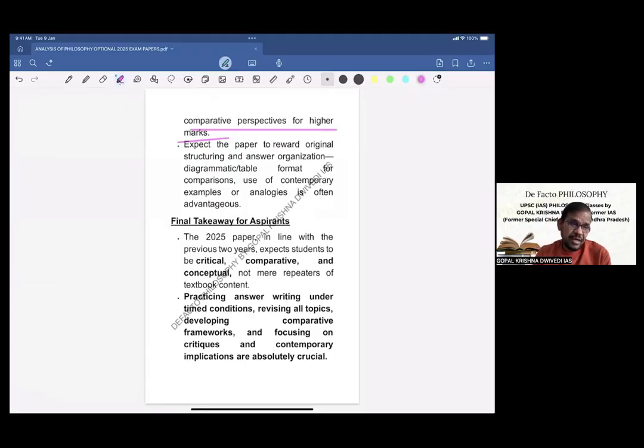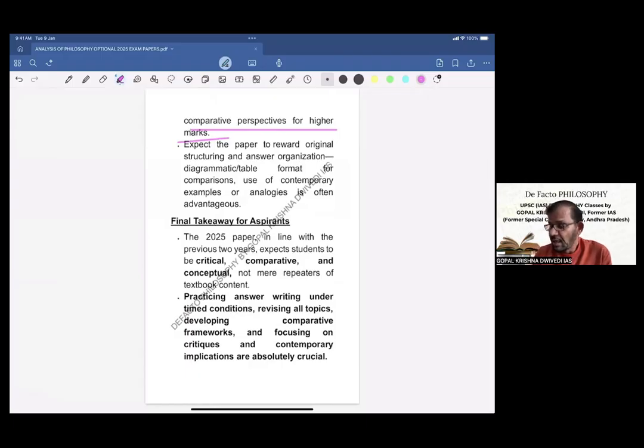So again, critical evaluation and comparison have to be the focus of your study. Expect the paper to reward original structuring and answer organization. Diagrammatic and table formats for comparisons, and use of contemporary examples or analogies, are often advantageous.